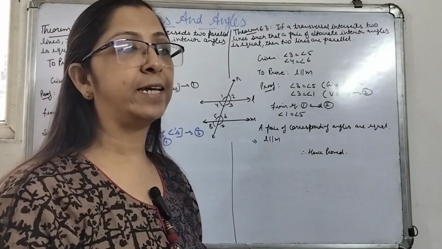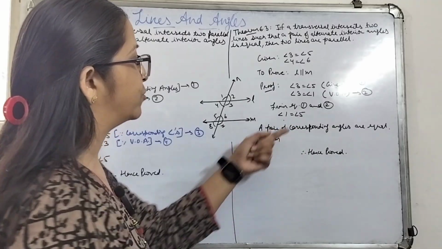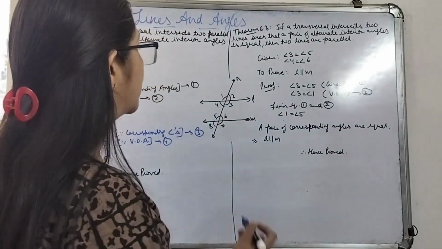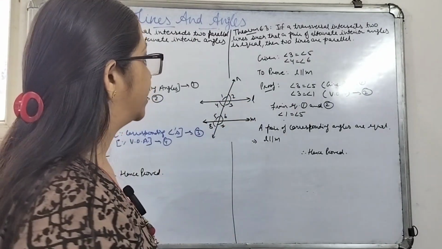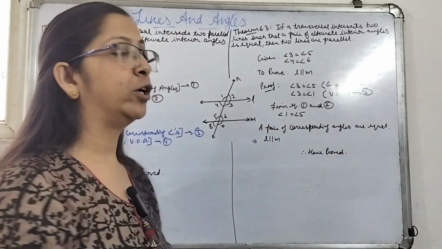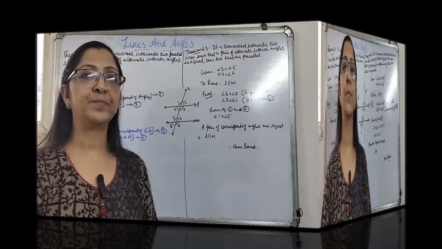Because a pair of corresponding angles is equal, as we have just proved, the lines are parallel as per the corresponding angle axiom. So that's the reason L will be parallel to M, and hence proved. This is how we can prove it.